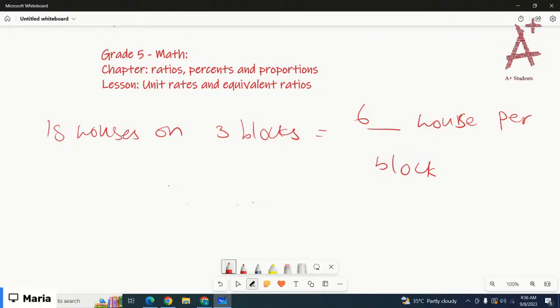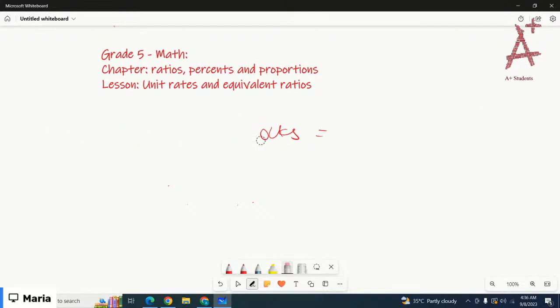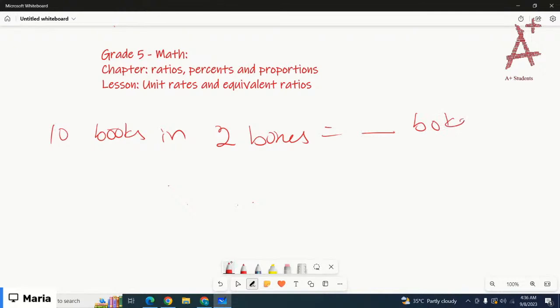The next example is 10 books in 2 boxes. So how many books in one box? Dash books per box.